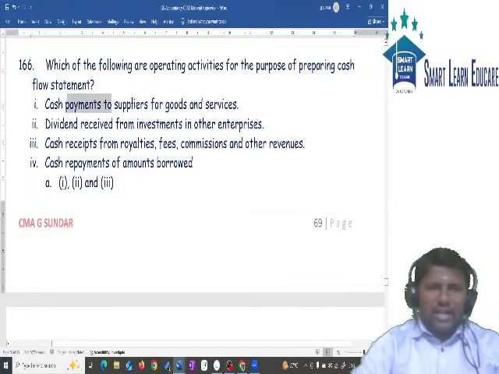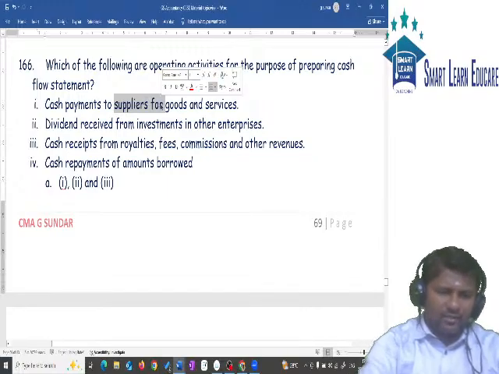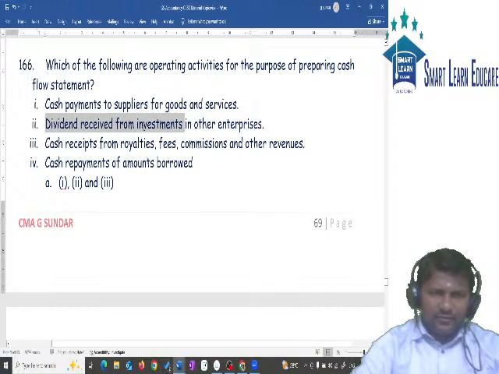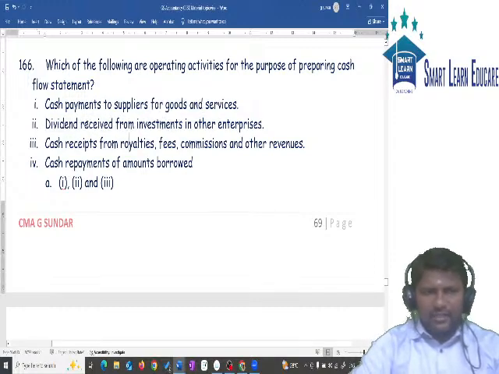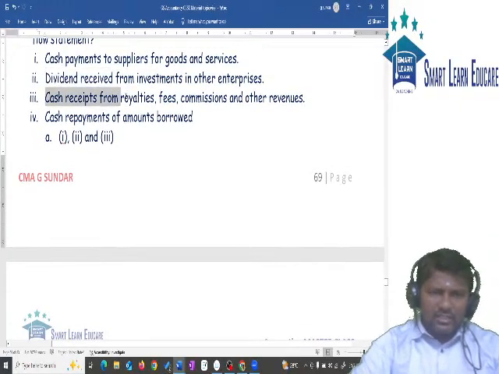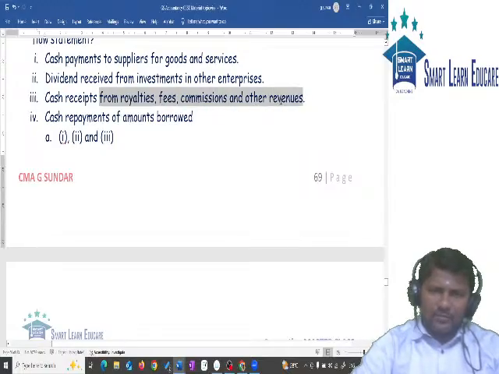First one, cash payment to supplier for purchase of goods. It is an operating activity. Then dividend received from investment. Dividend received is not an operating activity. Then cash receipts from royalty, fees or commission or other income. Cash received from royalty, fees or commission from other income.